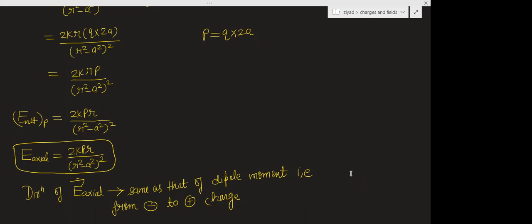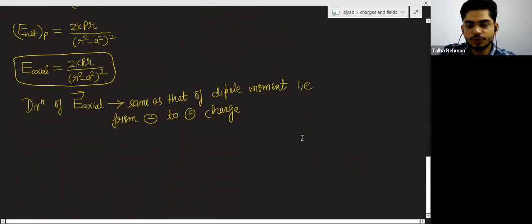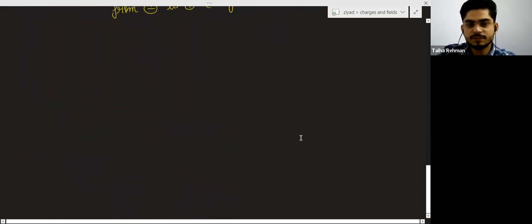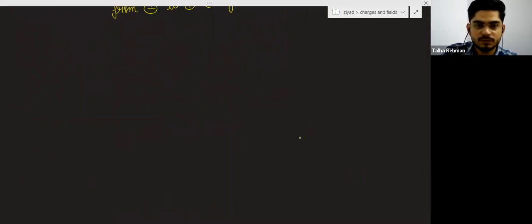And I have told you that the distance between the two charges of the dipole is very small.